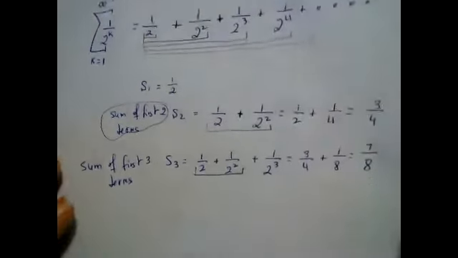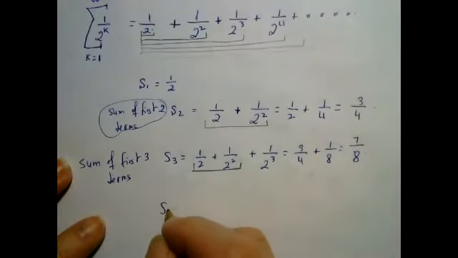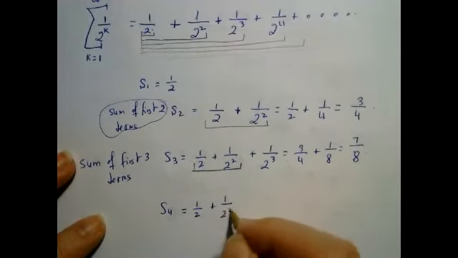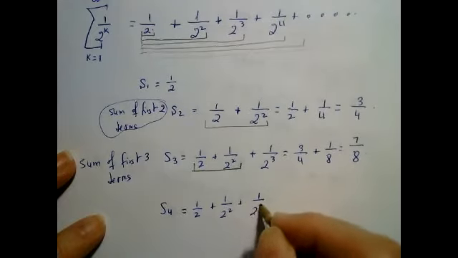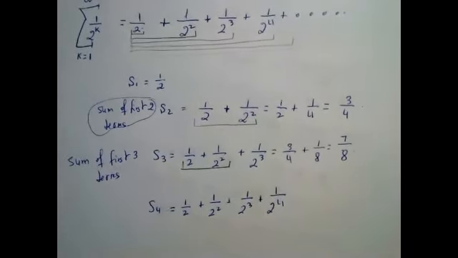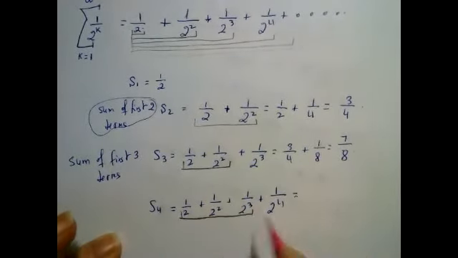Then I'm going to be patient. I'm going to compute S4, the sum of the first four terms. As you realize, I'm writing them very patiently because I wanted to know exactly what we are doing. We're just adding those terms and seeing what happens. Those I've already taken care of.